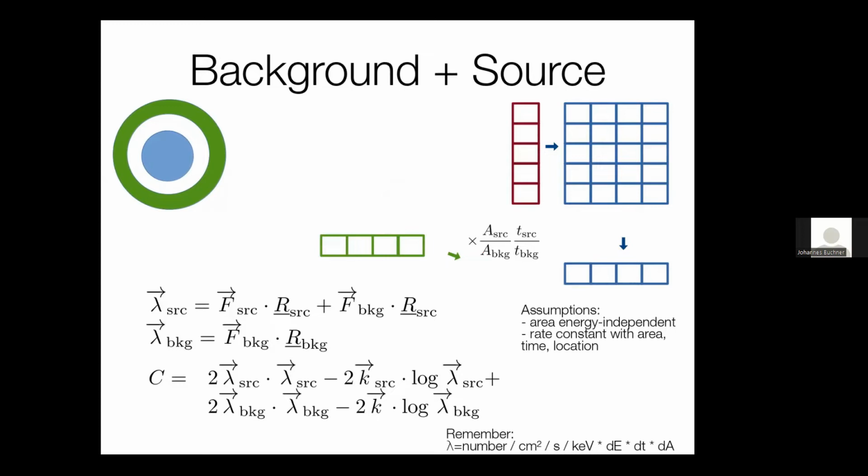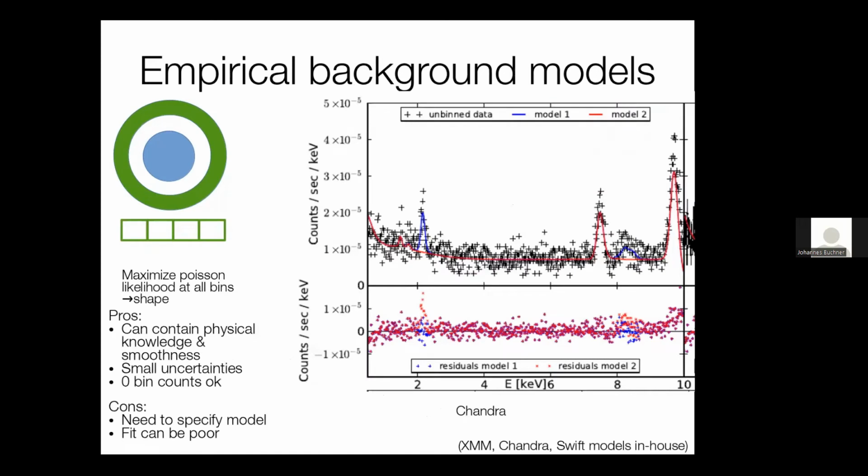Okay. So you can do that, and this is an example for Chandra where I took a background spectrum from an annulus, and just came up with a model that consists of a broken power law and a bunch of Gaussians to just approximate this shape.